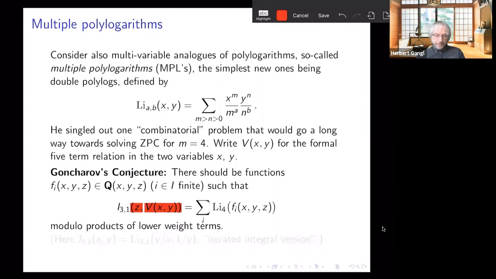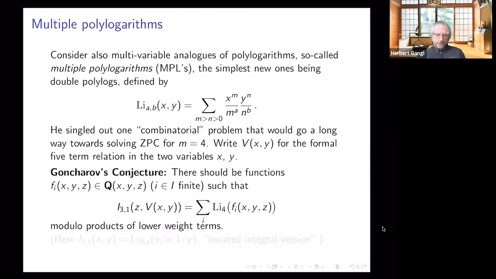This expression should not be true depth 2, the 2 variables, but should only come from a function that depends on a single variable. And the function should be Li4. That was essentially his insight, modulo products of lower weight, but let's not worry about that. And it should be a finite such sum.